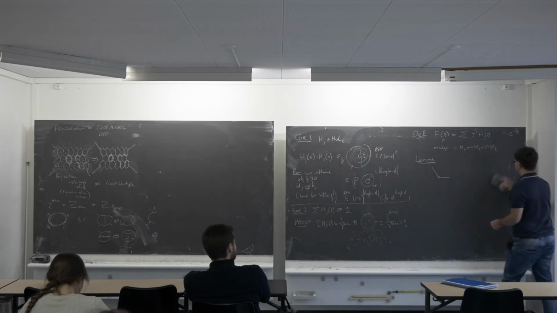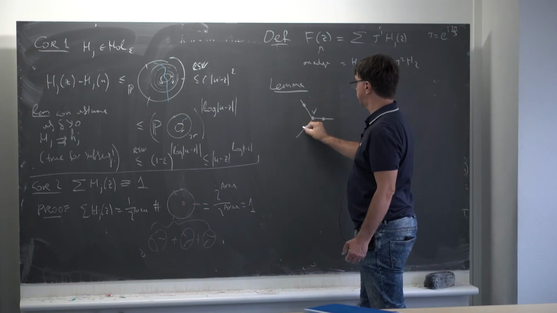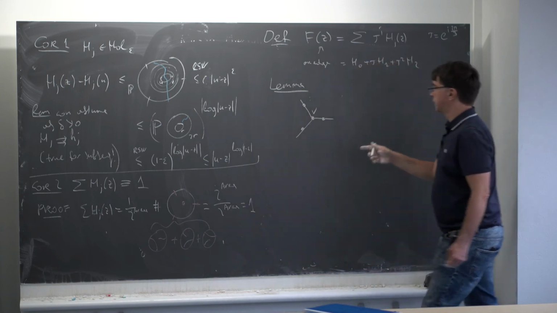So the lemma is that if we take some vertex v, so there are 3 nearby points.